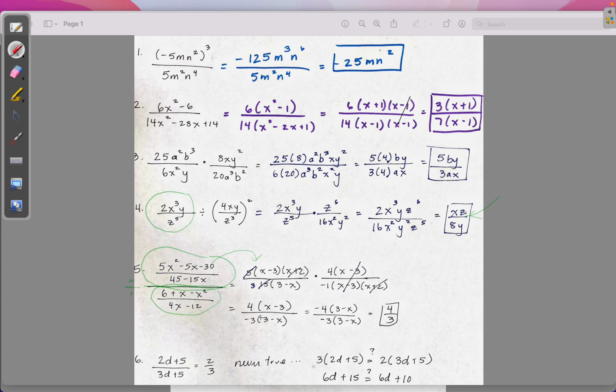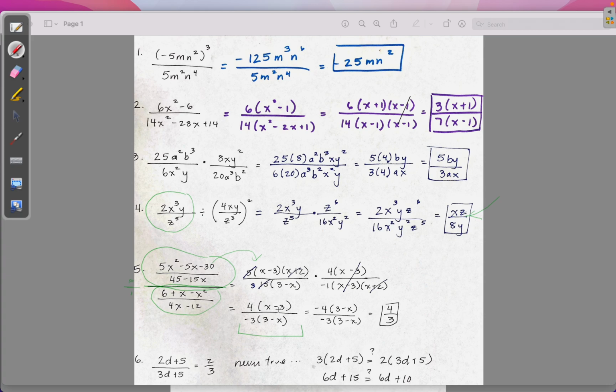This is a step that bears a little bit of explanation. At this point, it does look like you're at a dead end, but you're actually not. This is not a dead end. The binomial x minus 3 and 3 minus x look really, really similar. They are not the same thing. But in order to create the same binomial, I factored a negative 1 out of this binomial, and that's why this positive 4 becomes a negative 4.